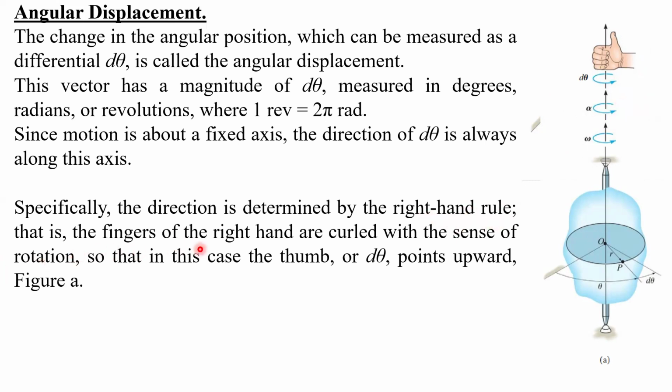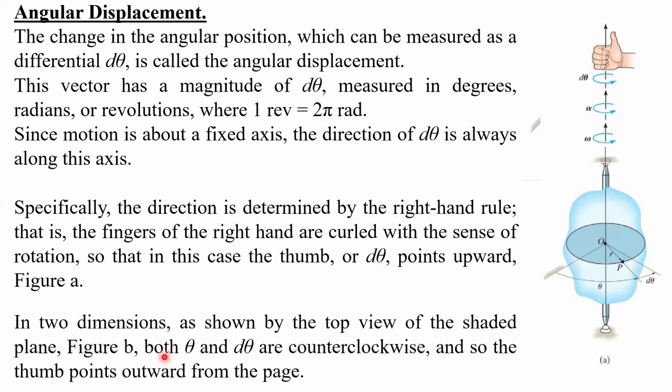That is, the fingers of the right hand are curled with the sense of the rotation. So these are the fingers. This is the sense of rotation of θ, this is the sense of rotation of α, which is angular acceleration, and then ω, angular velocity. So in this case, the thumb, or the dθ, points upward.